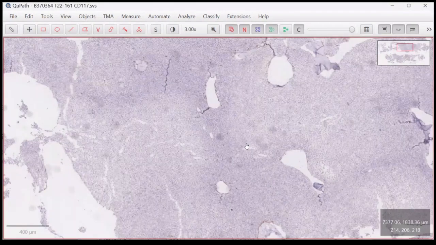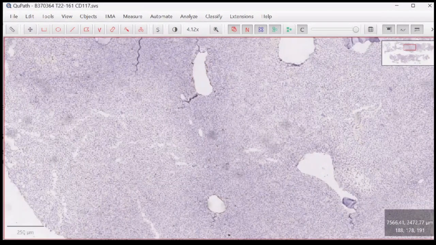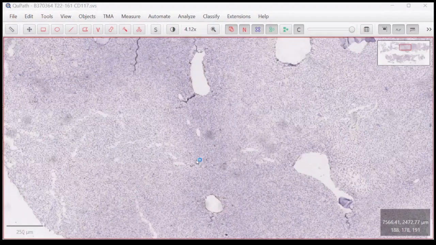Okay, this is CD117, completely negative. Now we move to CD99, the immature marker for any cells. Okay, this is CD99.